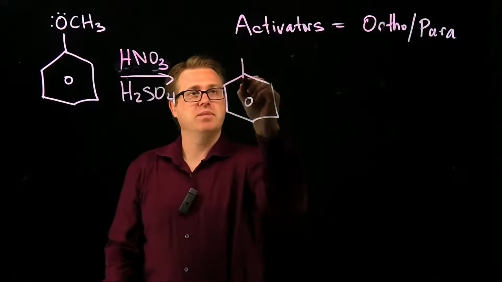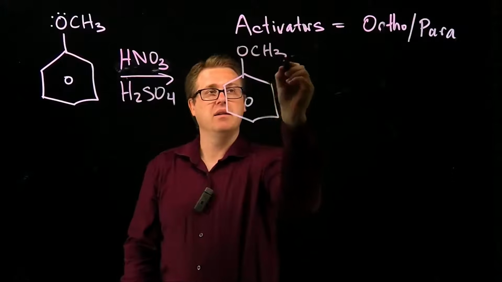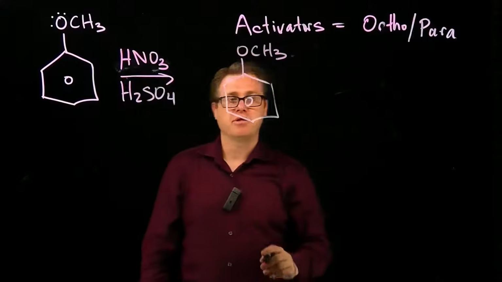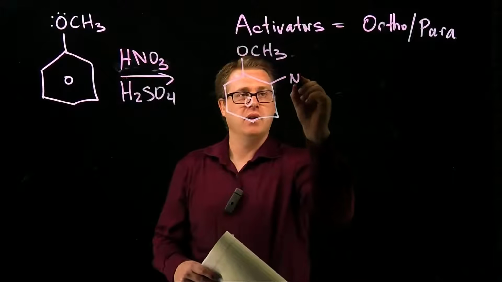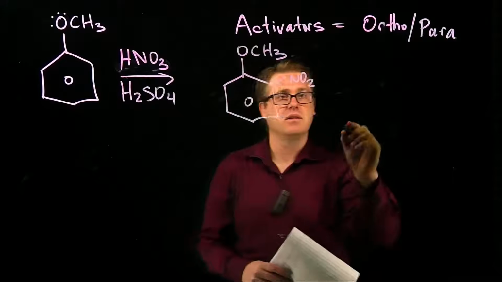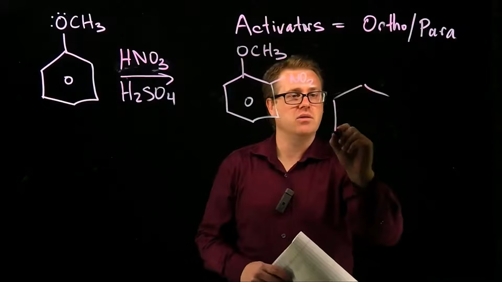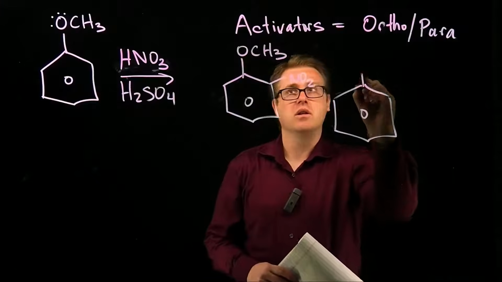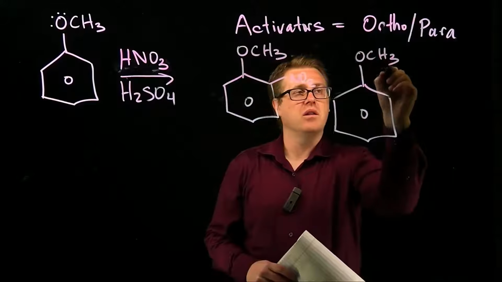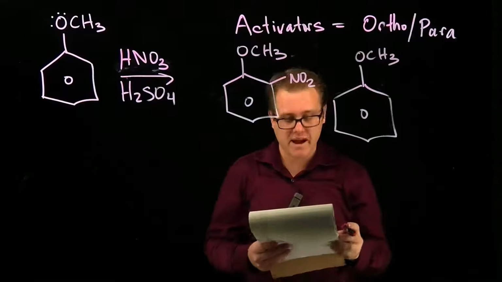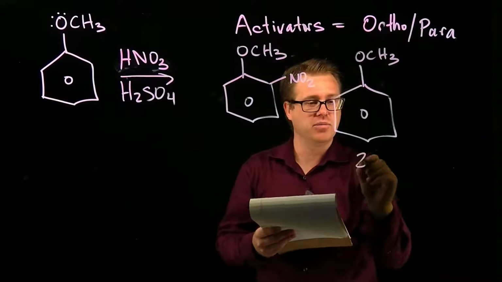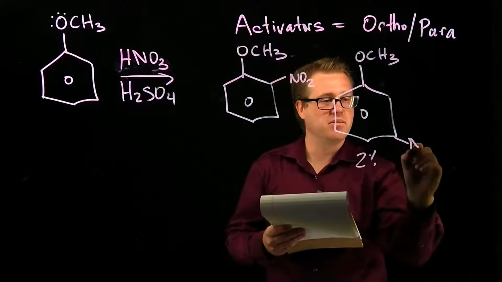It's going to give us potentially 3. So that nitro group is going to go on the ortho position. You can also have very, very trace amounts, like 2% on the meta position.